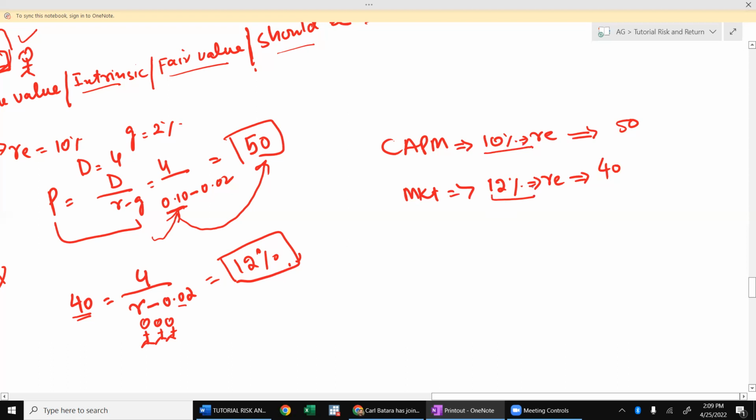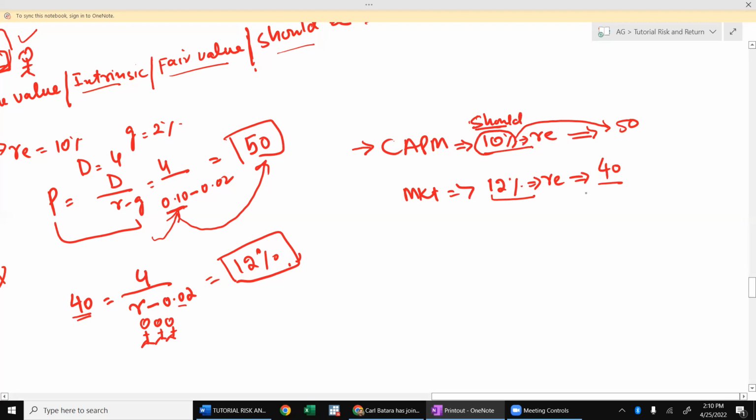Now please understand this very carefully. People should require 10% because at 10% the price should be 50. But in actual, the price is 40. What does it mean?